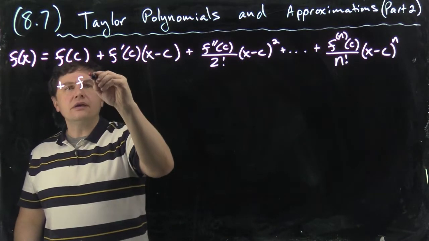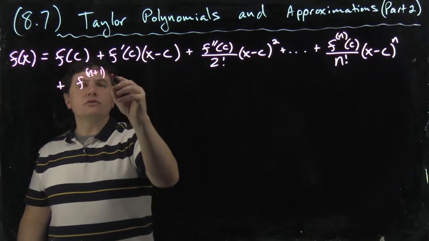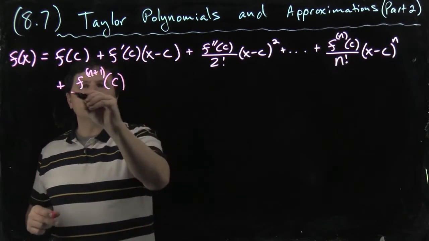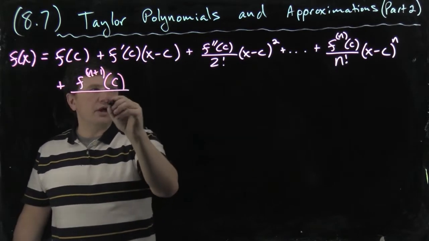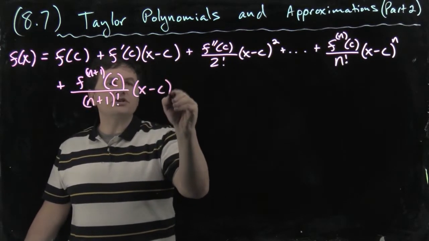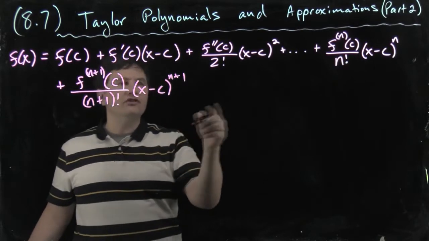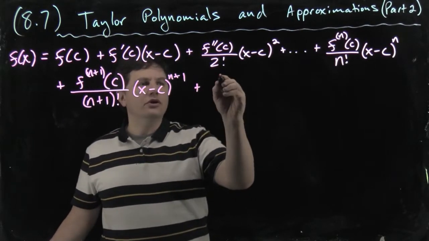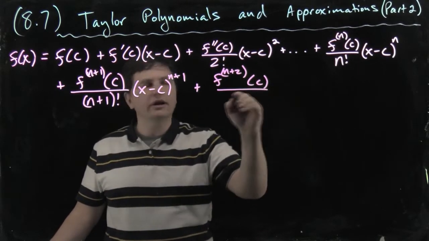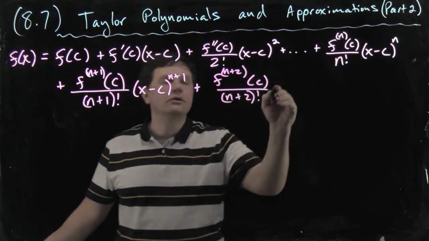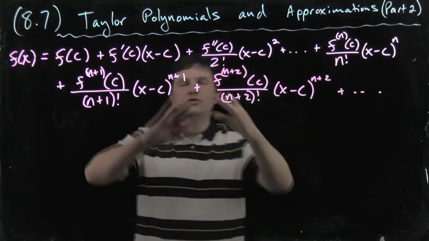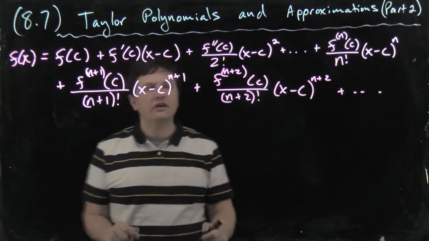We go to the n plus 1 degree, so that would be the next degree derivative, etc. And if we just kept going, essentially this becomes an infinite thing, and on and on and on. So this would now be an infinite thing. We go from an approximation to equals.